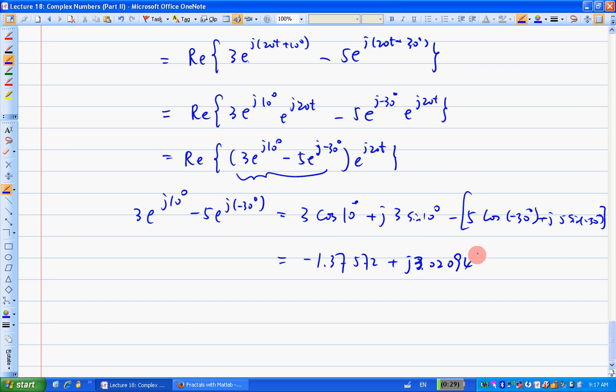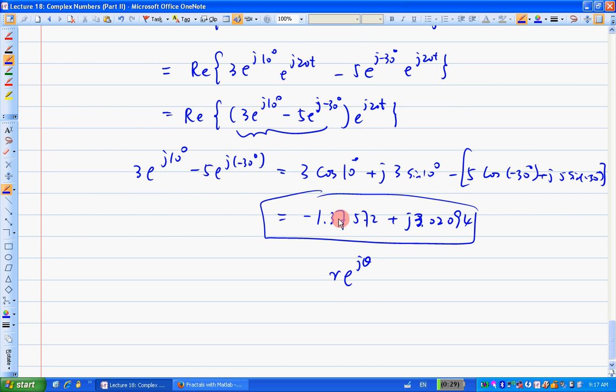Now I've got a complex number, but I don't think it helps that much here. So I'm going to convert this back into this format. For this particular one, what is my R, what is my theta? R is the square root of the square of this plus the square of that, which is approximately this.